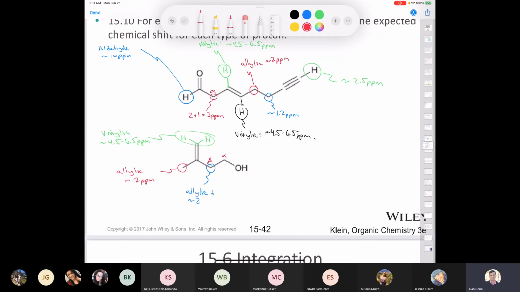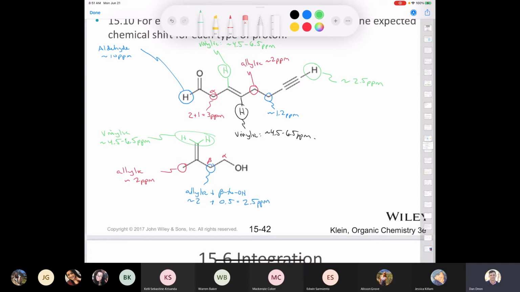So we add 1/5 of the effect of the alcohol, and the alcohol increases the chemical shift by 2.5 parts per million. So what's 1/5 of 2.5? We add plus beta to OH. So we're going to add 0.5, so that gives us 2.5 parts per million.